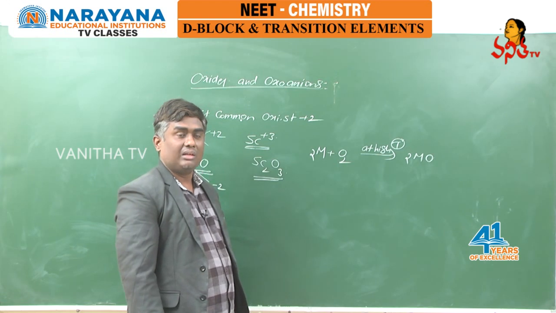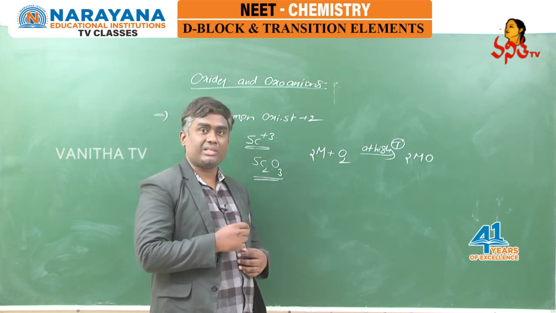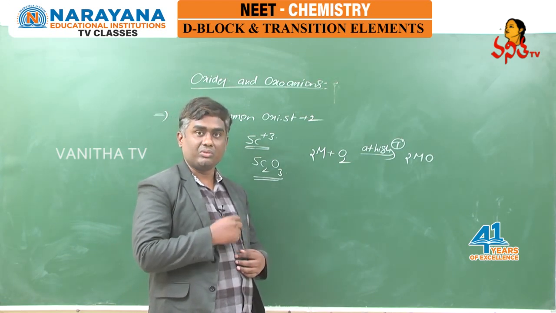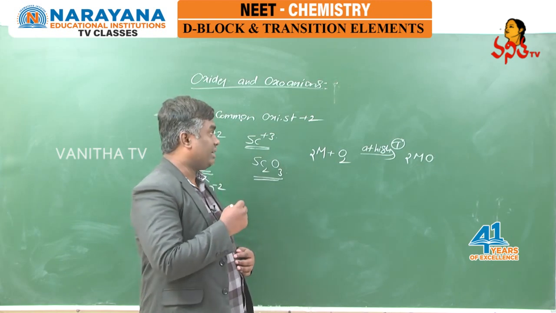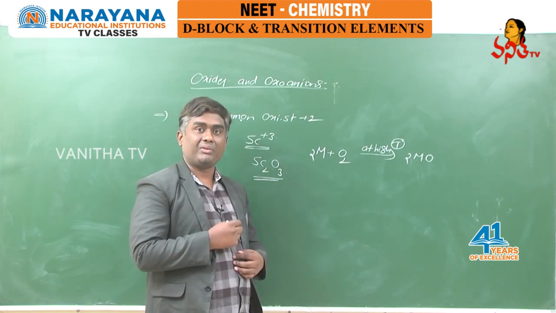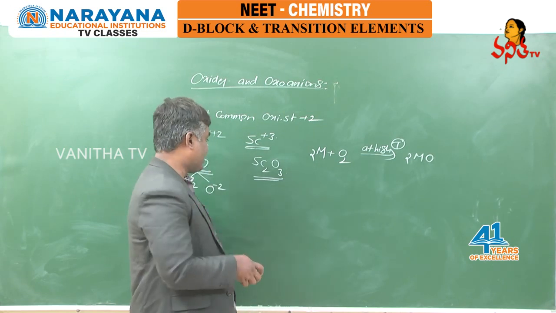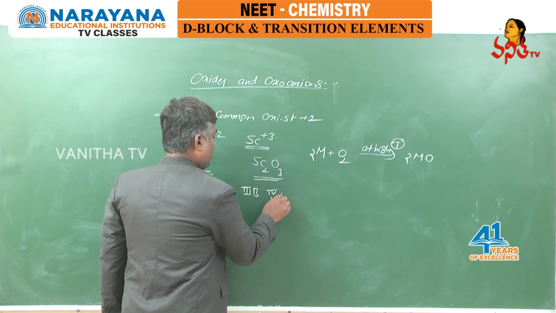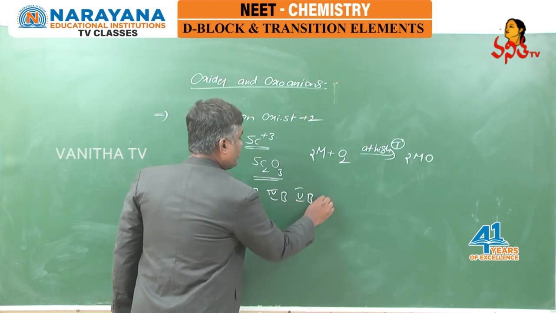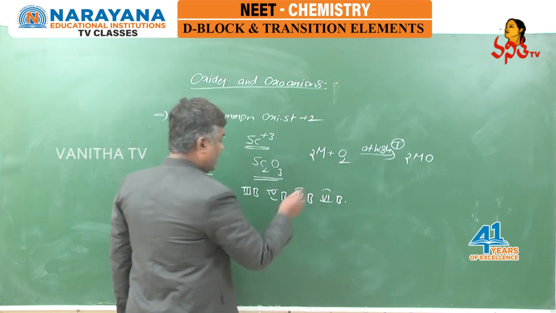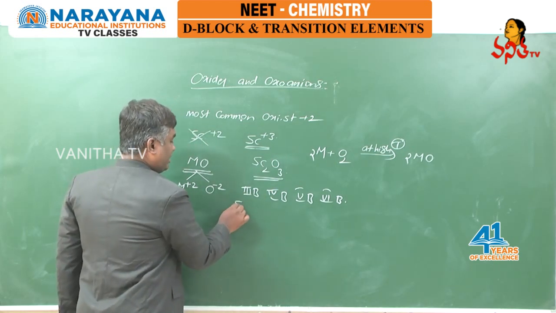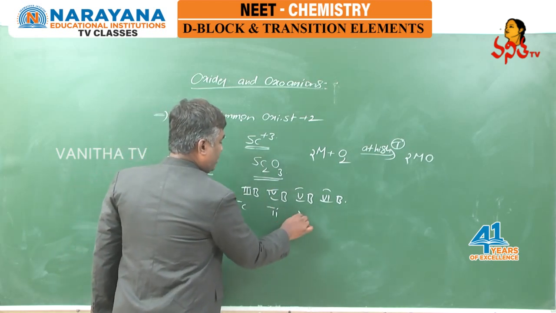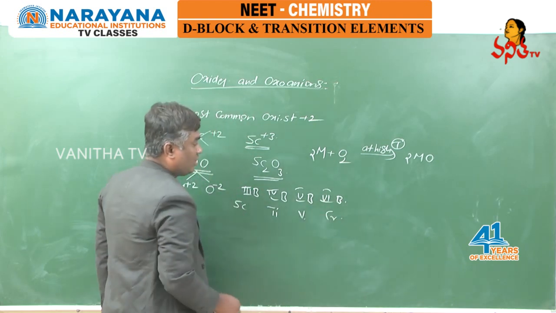And we know that an element can exhibit highest oxidation state, which is equal to its group number, and we can observe that in the form of transition metal oxides. Let us see. If you look at 3rd B, 4th B, 5th B, 6th B, and so on, scandium here, titanium, vanadium, and chromium.